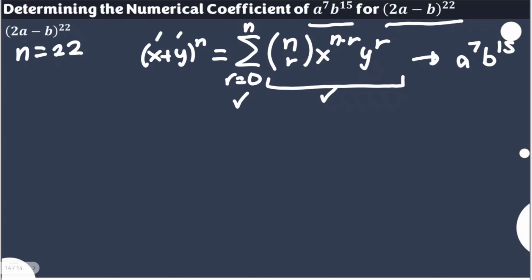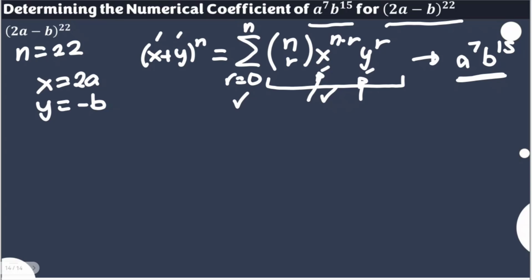But for our given, our x is actually 2a, and our y is not just b, but negative b. Consider the operation before b as its sign. Hence our y will be substituted by negative b, and our x by 2a, which will give us this result.